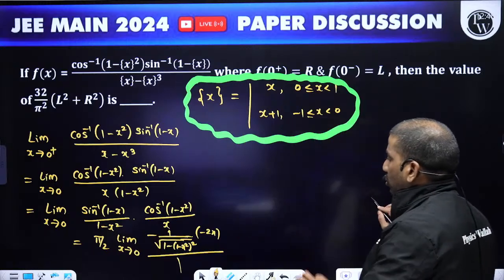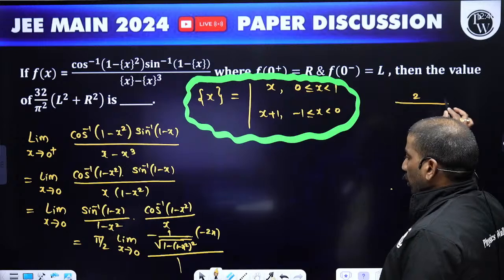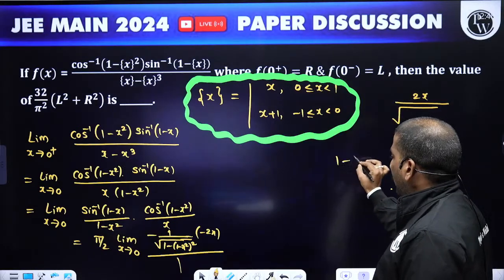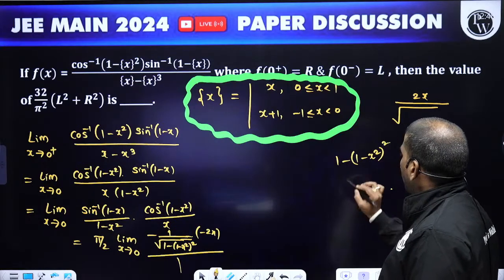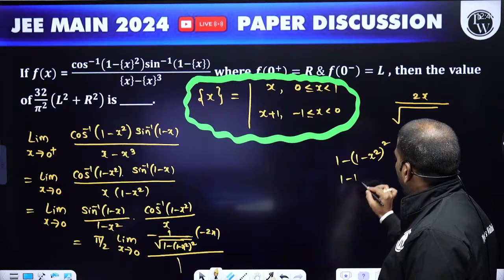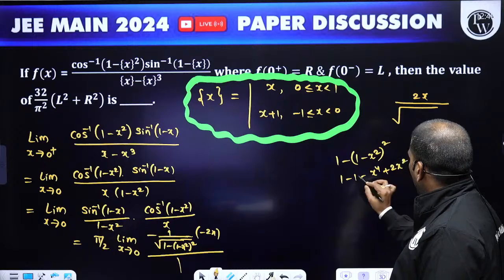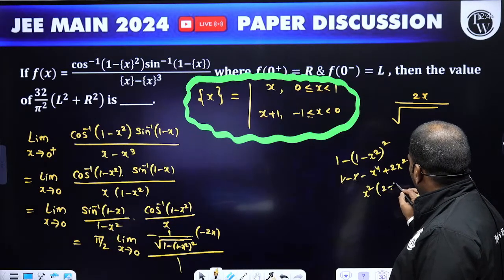Then minus minus got cancelled, 2 times x, observe here, under root 1 minus x square whole square. What is it? 1 minus 1 minus x power 4 plus 2x square. 1 got cancelled, x square will come out, 2 minus x square.